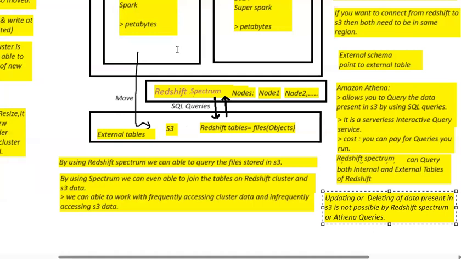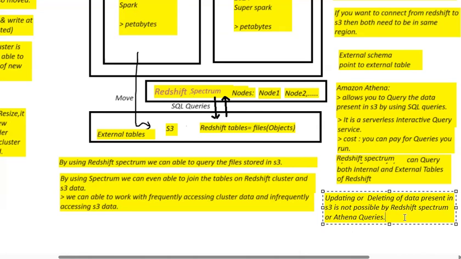One more important note: the data or files which are present under S3 are not updated or deleted directly by commands or queries sent by Redshift Spectrum or Amazon Athena. So updating or deleting the data present in S3 is not possible by using either Redshift queries or Athena.